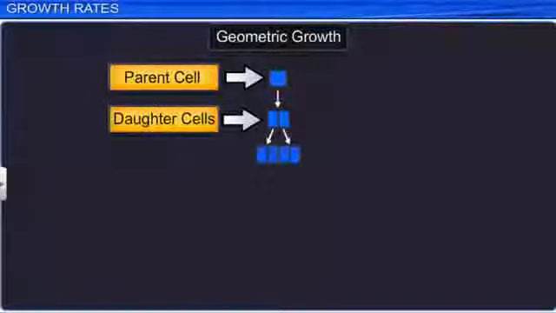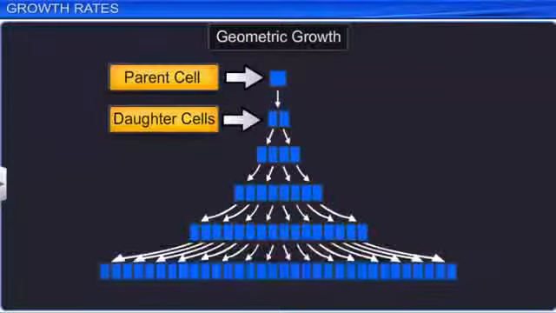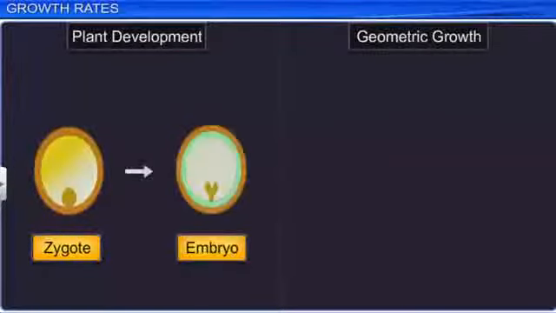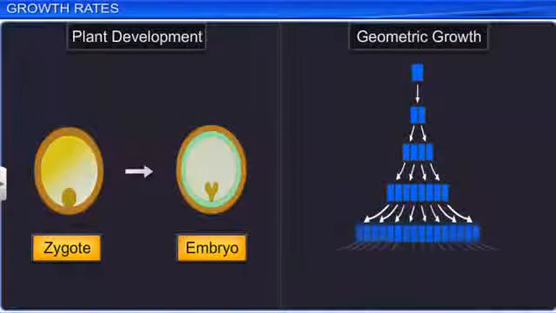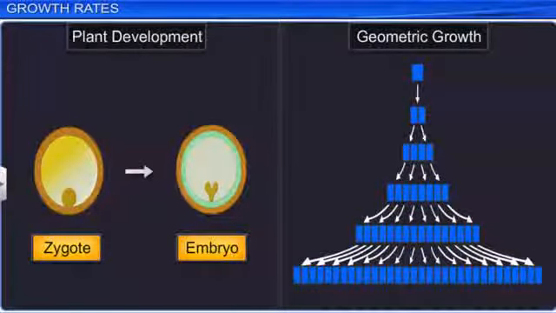Geometric growth, on the other hand, refers to the division of both daughter cells obtained during mitosis. This type of growth is seen at the early stage of plant development, that is, development of the zygote to embryo.